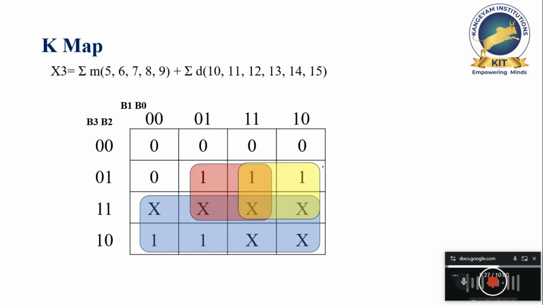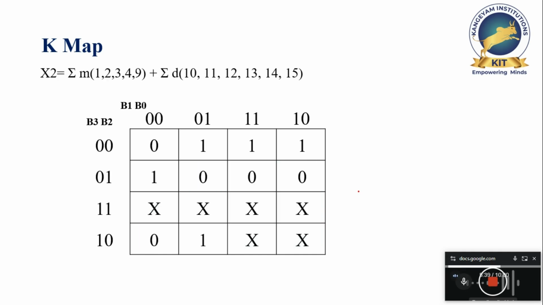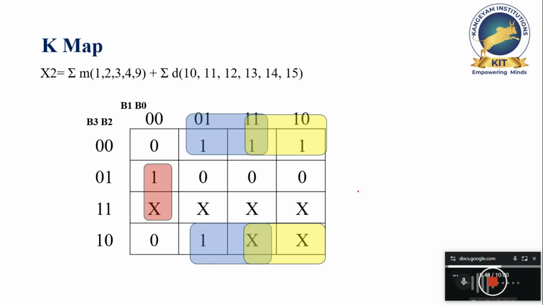I will have three groups. I'm utilizing don't care conditions also for forming the groups. So my expression looks like this. Next, for x2, I will have three groups. I'm considering like this. So the expression will look like this.